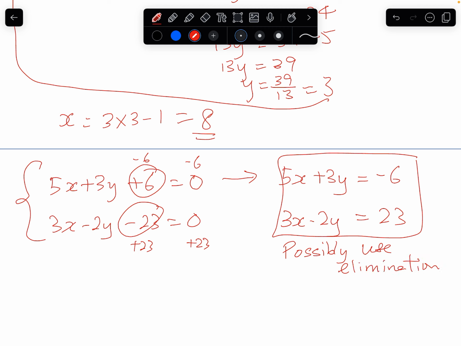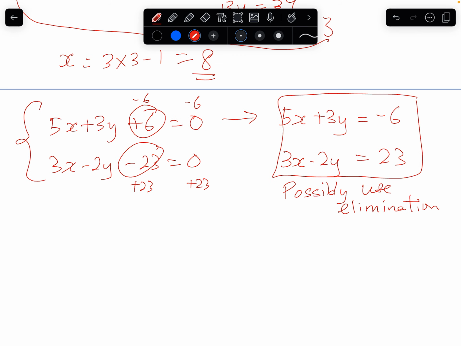Now the question again comes down to, what if the question says that you need to do it by the substitution method? Then we need to have a change of plans for this. So let me just show you how we can do it with the substitution method.